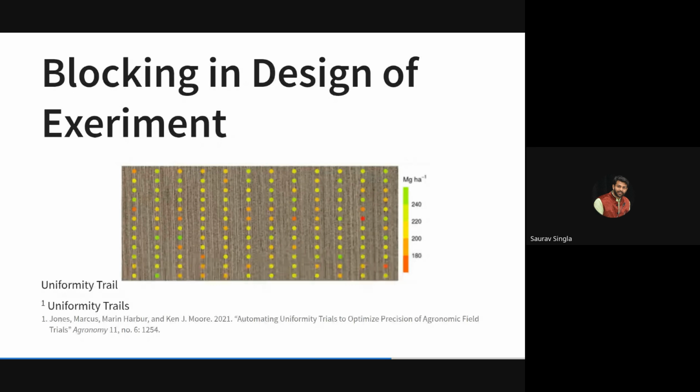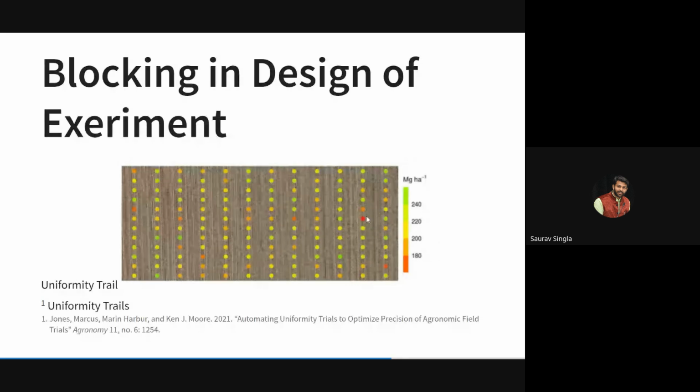Okay, so due to that, now you can see here, on the right hand side, there is a scale. In the scale, you can see the greener it is, the higher is the yield, and the redder it is, or more on the orangish side, the lower is the yield, and the yellowish ones are the middle yield. Here you can see this red dot.